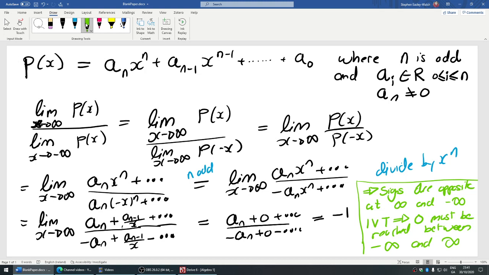And then at infinity, it'd be positive infinity and negative infinity. But the IVT implies that 0, being a value between minus infinity and plus infinity, must be reached. So somewhere on the x-axis, this polynomial has a value of 0, which means therefore it has a root. Therefore, there exists a root. Okay, and that ends that one.